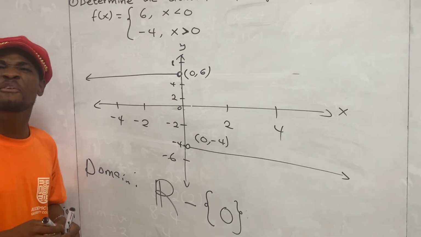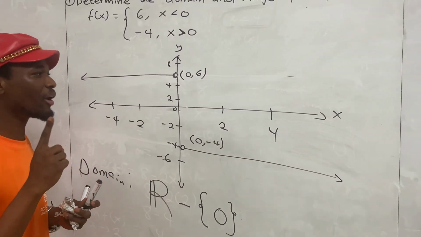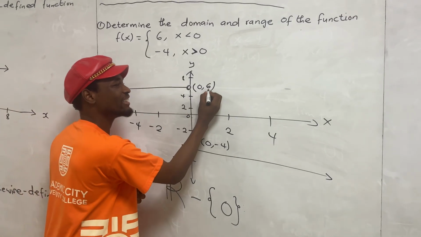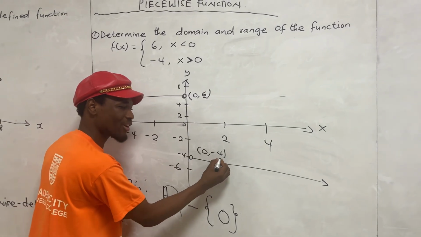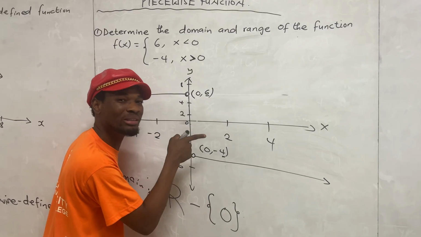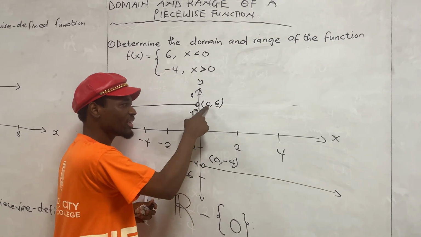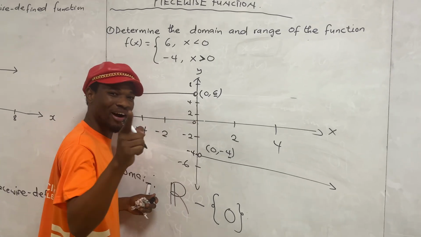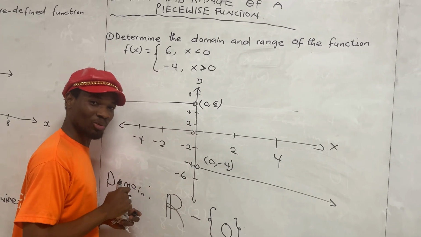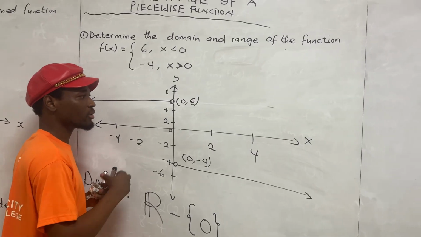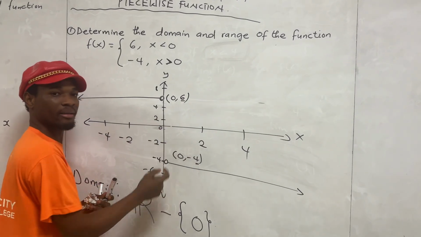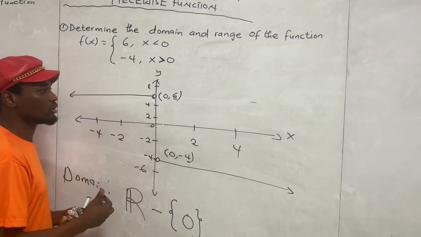Now, for the range, remember, we are interested in the y coordinates or the y values. But for domain, we are interested in the x values. So that means we are going to pick this and pick that. Remember that.